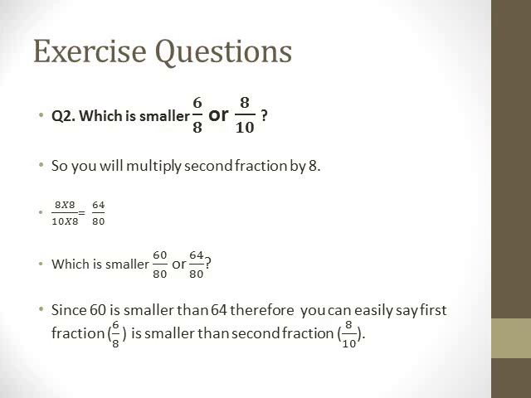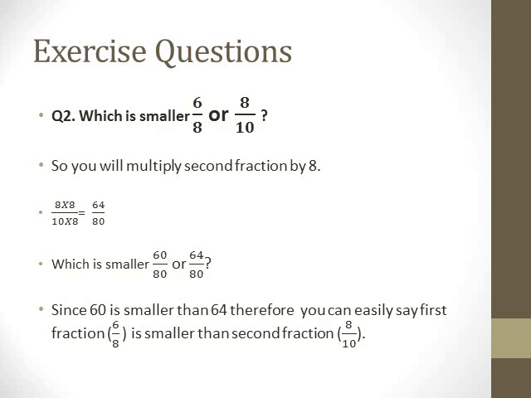Now you have two fractions. The first one you find after the multiplication is 60 over 80, and the second one you find is 64 over 80. So which is the smaller one? You can say now they have the same denominator, and you know the rule: when you have the same denominator, the smaller the numerator, the smaller the fraction.